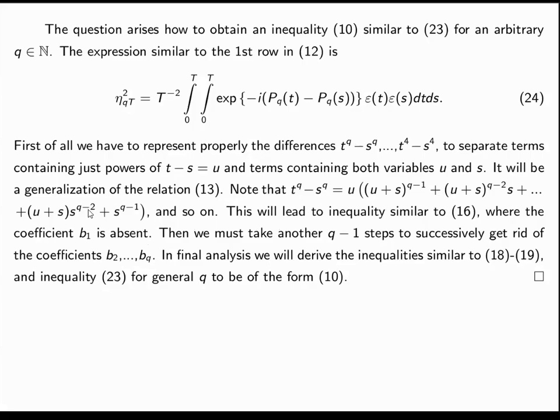And these differences can be represented in the form, and this will lead to an inequality similar to 16, where the coefficient b1 is absent. Then we must take another q minus 1 steps to successfully get rid of the coefficients b2 up to bq.